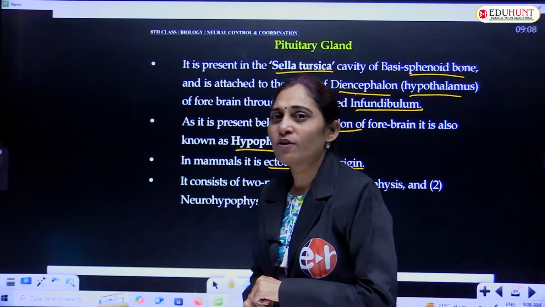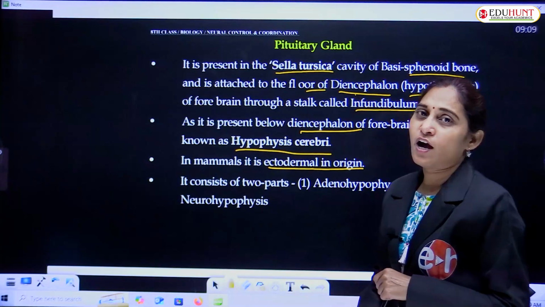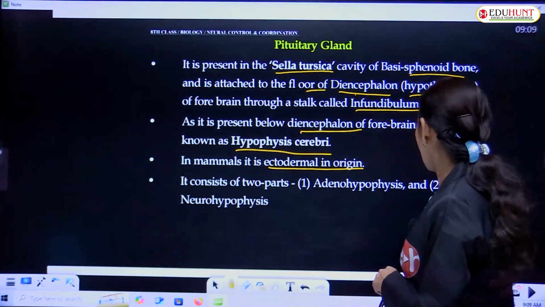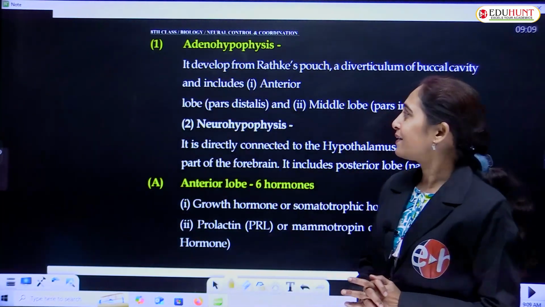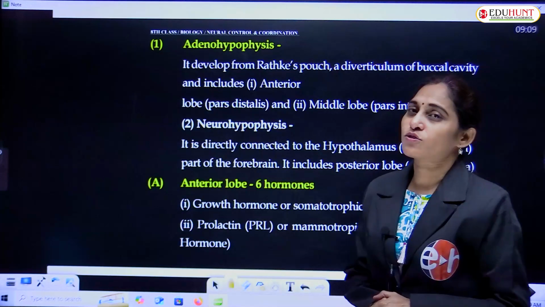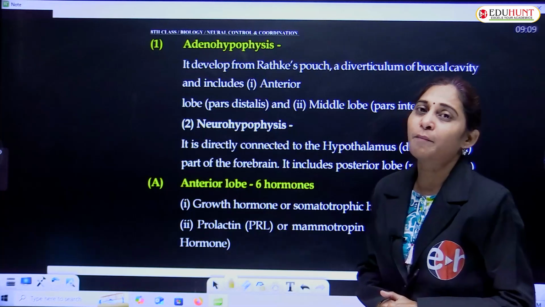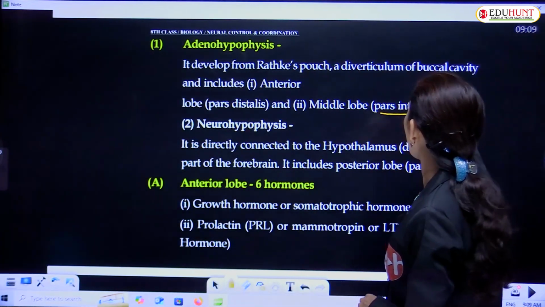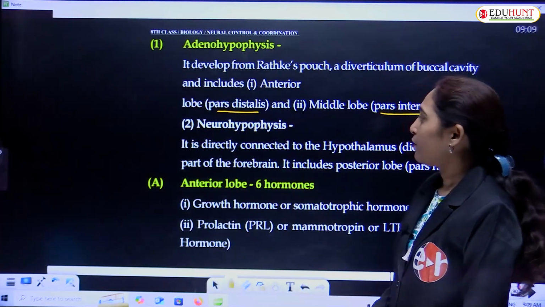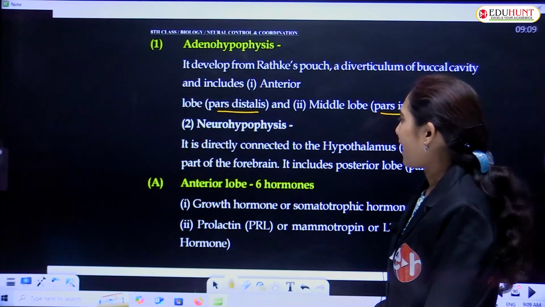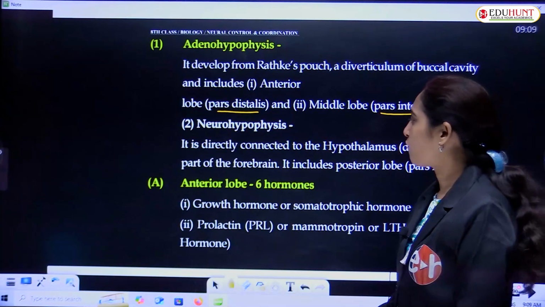One is the adenohypophysis and the second part is the neurohypophysis. The adenohypophysis has two more parts: the anterior lobe, called the pars distalis, and the middle lobe, called the pars intermedia. And the neurohypophysis is directly connected to the hypothalamus, the diencephalon part of the forebrain.